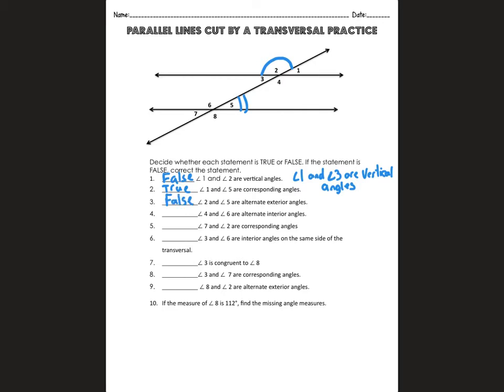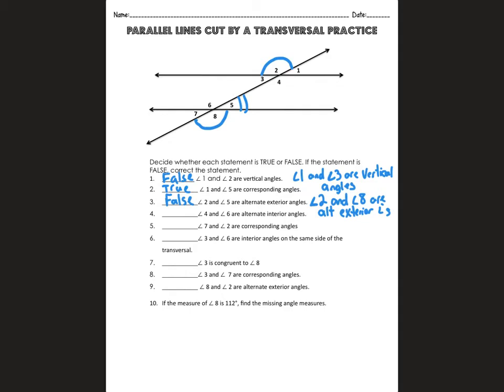Instead, 2 is an exterior angle, and its alternate exterior angle is angle 8. So I'm going to write that as my correction. Angle 2 and angle 8 are alternate exterior angles.